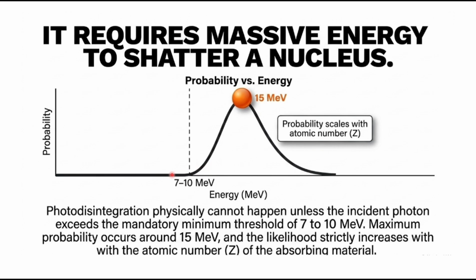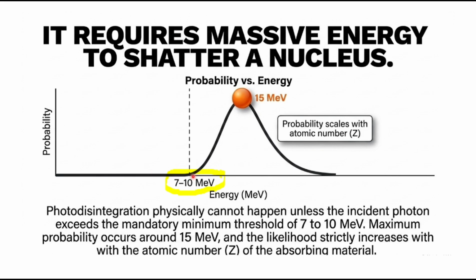The interaction cannot happen below a certain limit. As you can see, the absolute minimum threshold is between 7 and 10 mega electron volts. If your incident photon has less energy than this, the nucleus remains completely safe.